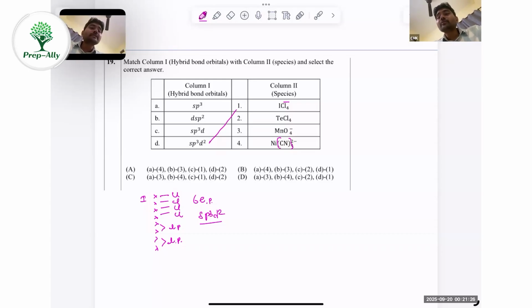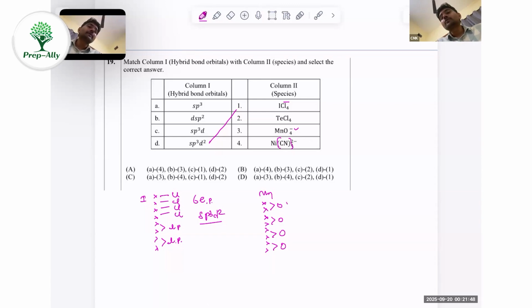Now TeCl4, and MnO4 minus. We will see manganese: total 7 plus 1, 8 electrons. How many oxygens are there? 4 oxygens, and oxygen is a divalent species. So simply we can calculate that there are 4 sigma bonds.